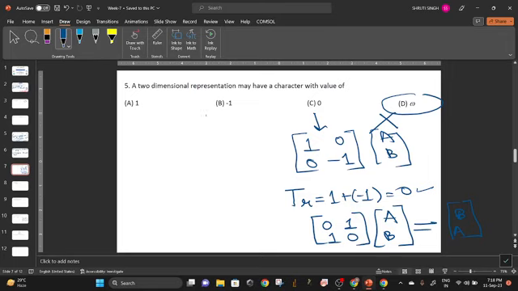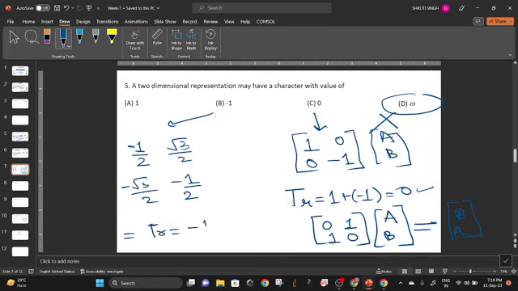Okay. Now for the same logic, -1. Suppose we can have some rotation matrix which is like this. If we have a matrix like this, then if we sum these two, the trace will become -1. So -1 is also possible.